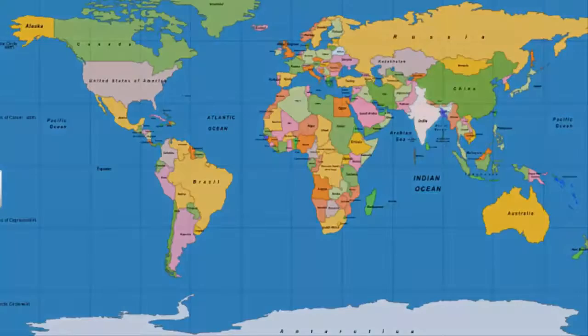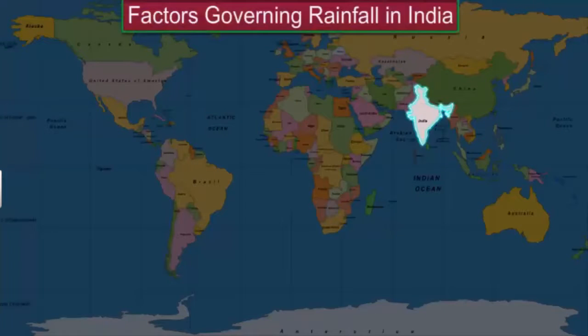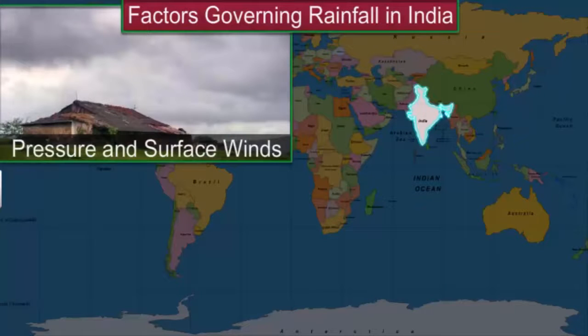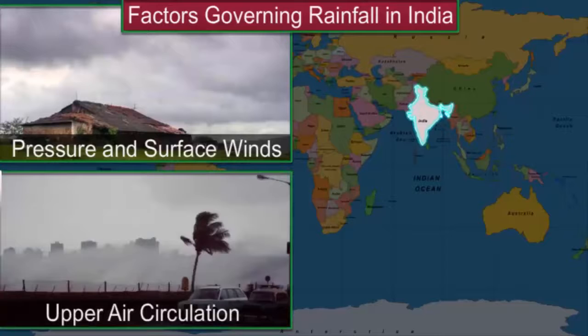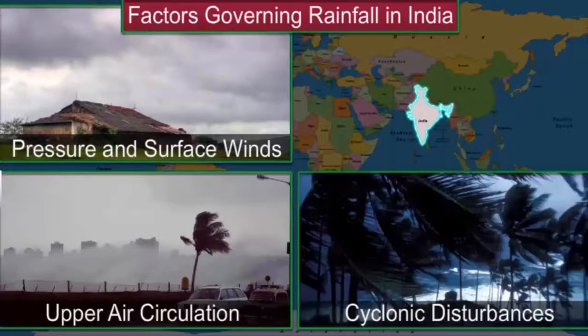The rainfall in India is governed mainly by pressure and surface winds, upper air circulation, and western cyclonic disturbances and tropical cyclones.